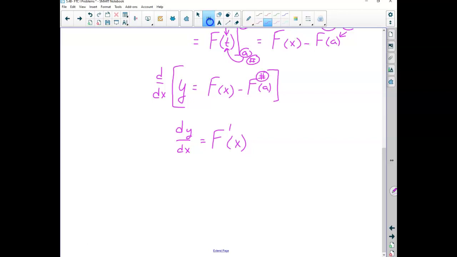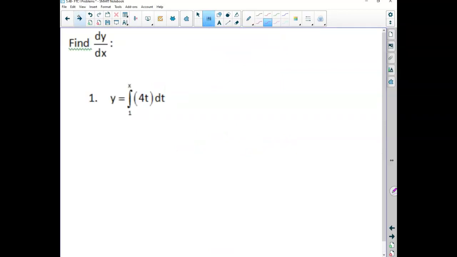The derivative of that constant is 0. And another way that we could call big F is little f with x in it. So dy dx actually equals f with x inside of it. Just walking around in circles. I think you'll get the feel of it as we cruise along.